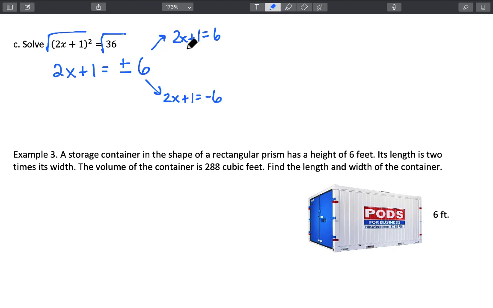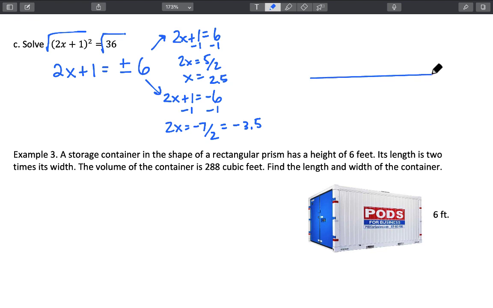Now solving for x, we subtract 1, and that gives me 2x equals 5, and x equals 5 halves. Now 5 halves is just 2.5, so we'll write that as a decimal. And next, we subtract our 1, and we get 2x equals negative 7, divide by 2, and that's negative 3.5.